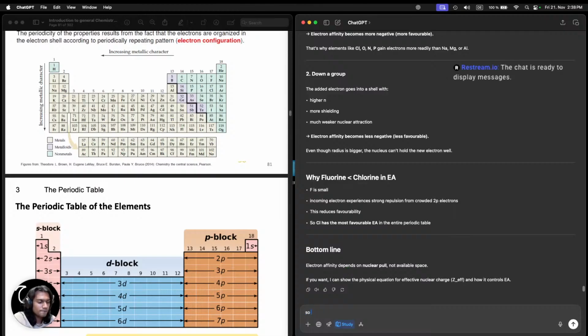So let me get this straight. So smaller electron with a nuclear pull due to a higher number of protons.